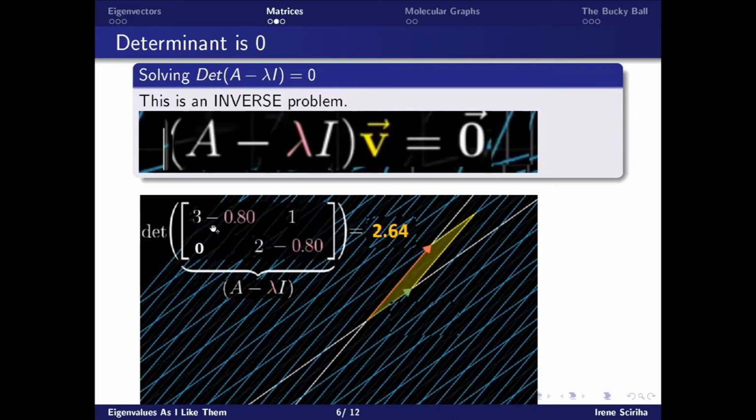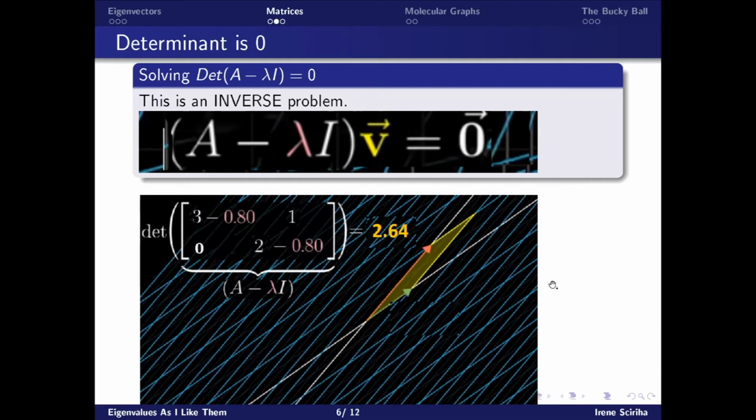Over here, I have 3 minus 0.8, 0, that would be one direction, and 1, 2 minus 0.8, which would be 1.2, another direction. Anyway, you get a parallelogram, which has an area equal to 2.64.